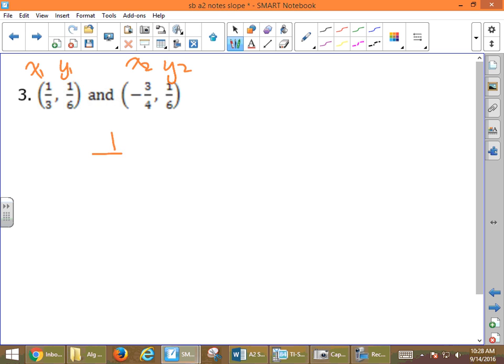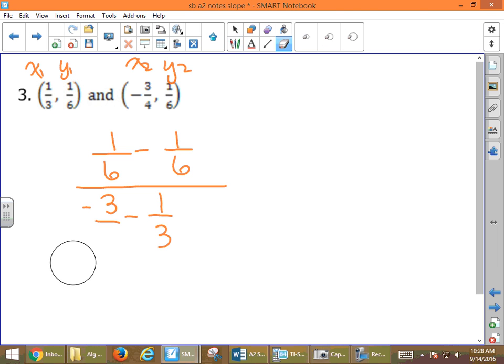We get 1/6 minus 1/6, y2 minus y1, and then we get negative 3/4 minus 1/3. And the nice part is, what's 1/6 minus 1/6? 0. You don't need to type that in.